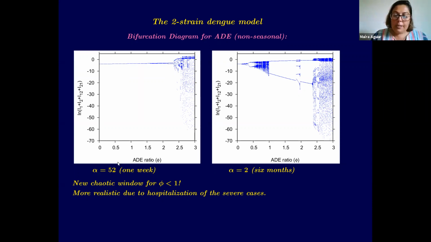We look at the temporary cross-immunity and the antibody-dependent enhancement ratio as very important parameters in the model. And by assuming that there is an interval between primary infection and secondary infection, we found a new chaotic window which explained complexities in the dynamics, also by assuming that individuals in the primary infection would transmit the disease more than individuals in the secondary infection because of the hospitalizations of the secondary infection individuals. Okay, good. So a 10 minute break and we'll be back soon.